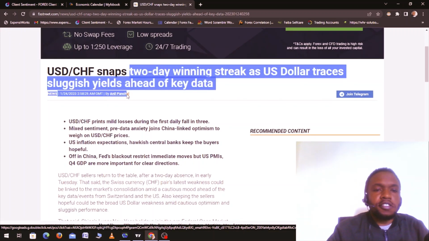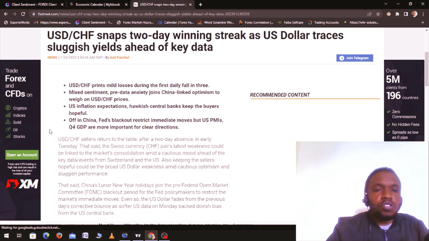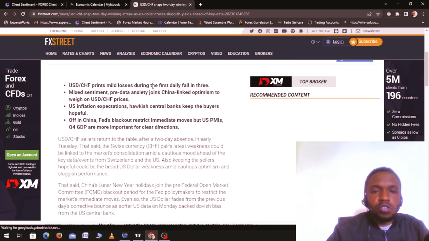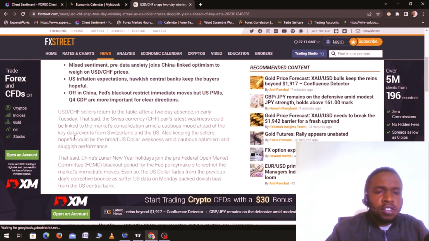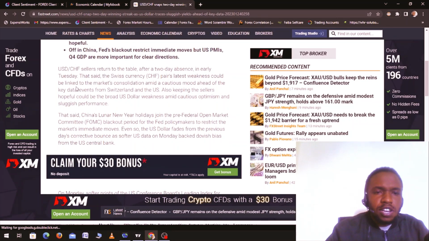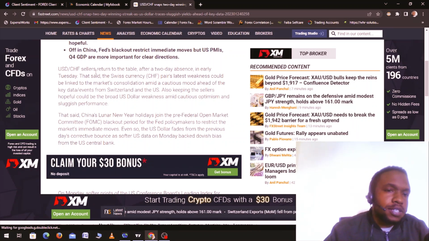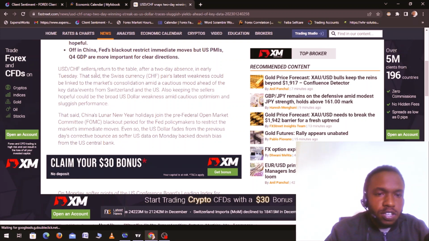You see, these are examples of the news. USD/CHF prints mild losses during the first daily session. Mixed sentiment, trader anxiety, China-linked. If you go through this news, you see USD/CHF sellers return to the table after a two-day absence early Tuesday. That said, the Swiss franc's latest weakness could be linked to market consolidation and a cautious mood ahead of key data.